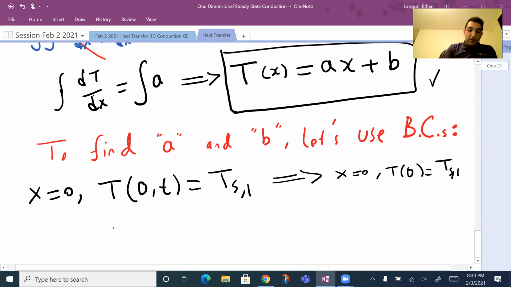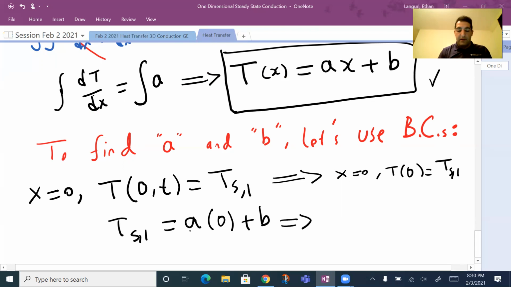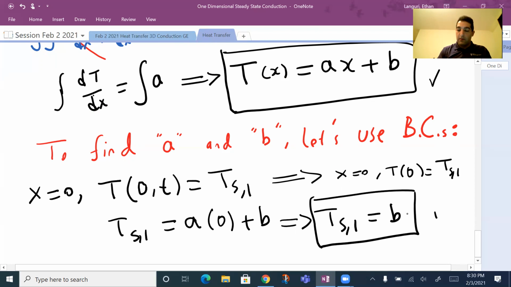So we will get Ts1 equal to A times x, and by the way, x is 0, plus B. This simply says A times 0 is 0, so Ts1 equals B. So one unknown is found. Great. So B is equal to Ts1.